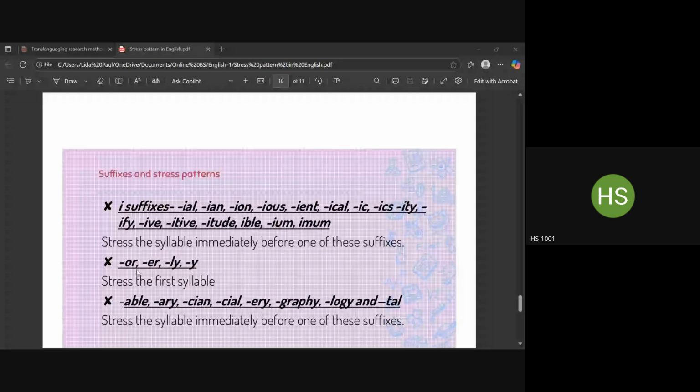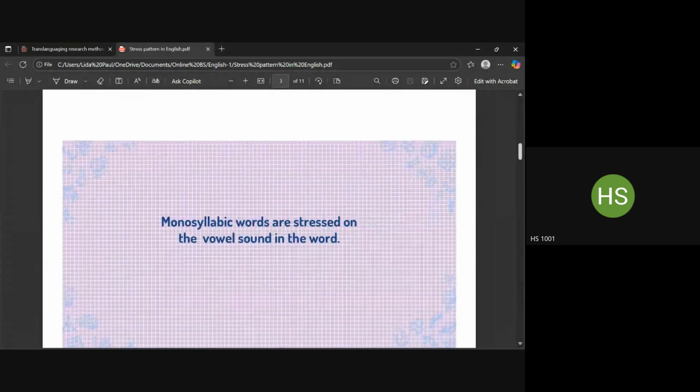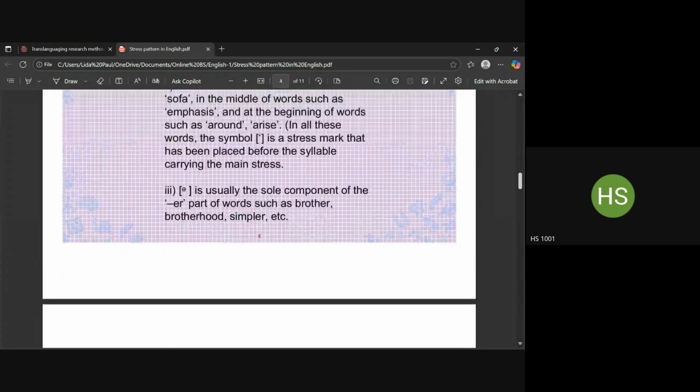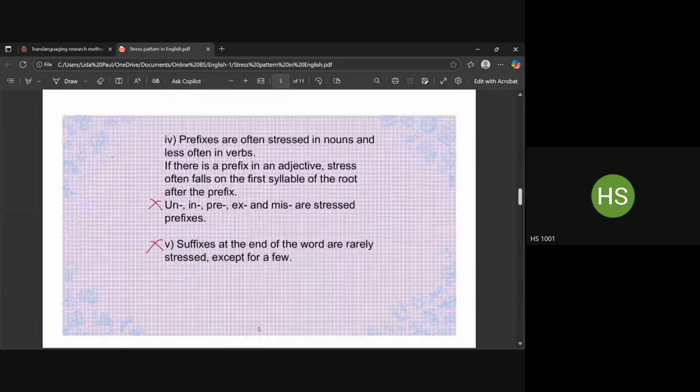Okay, I showed this in the last class. We discussed this also. There is a document like this, which is called, I think, the stress patterns in English or something. Please make sure that you go through that. It has all these rules. It's a 10-page, 11-page PDF, basically a PPT.